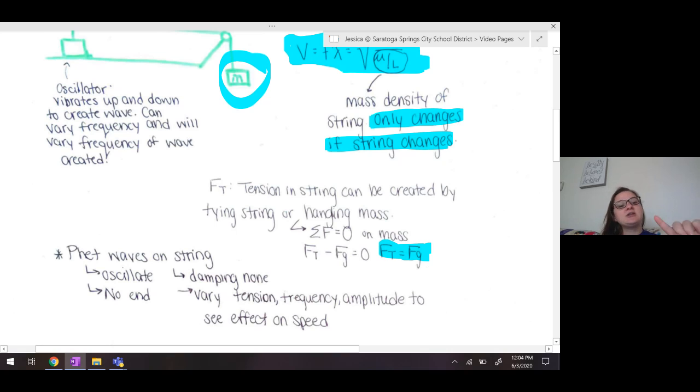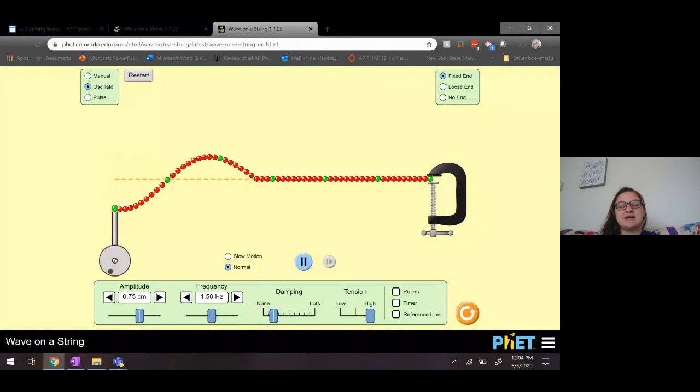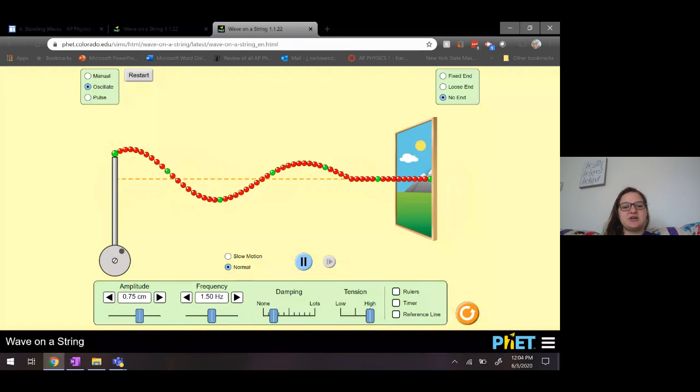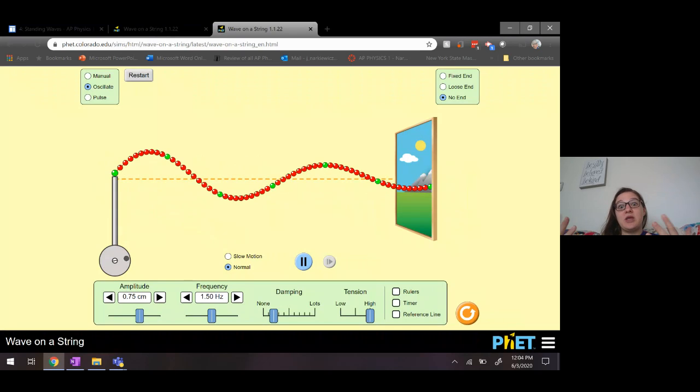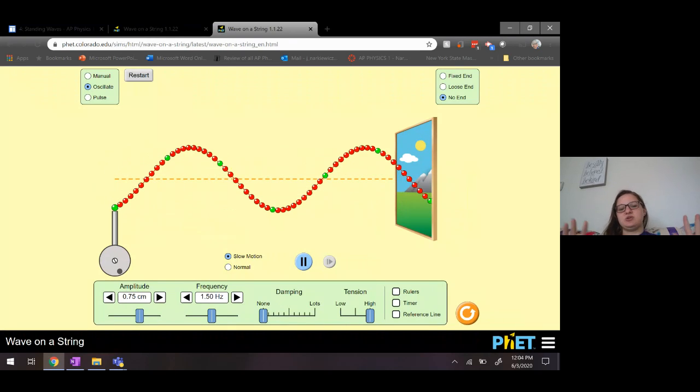To get to this, you can Google PhET waves on a string. The settings we're going to use are oscillate and no end. I'm just going to restart that. We're going to set damping, which is essentially like wave friction, to none. And let's go in slow motion, because why not?